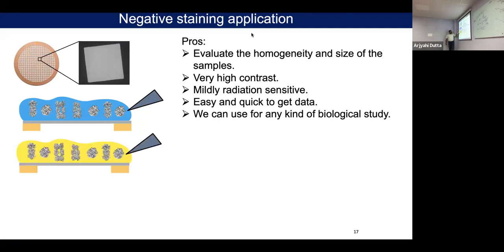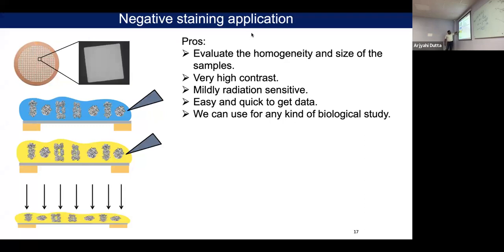Okay, now we use a heavy metal staining solution, either uranyl formate or uranyl acetate. Uranium is 92, and this is not the radioactive one, it's depleted uranium we are using. We use the heavy metal staining solution to stain this sample, and then finally we blot it, we dry it, and then when the electron beam passes through this, you can get a 2D image.